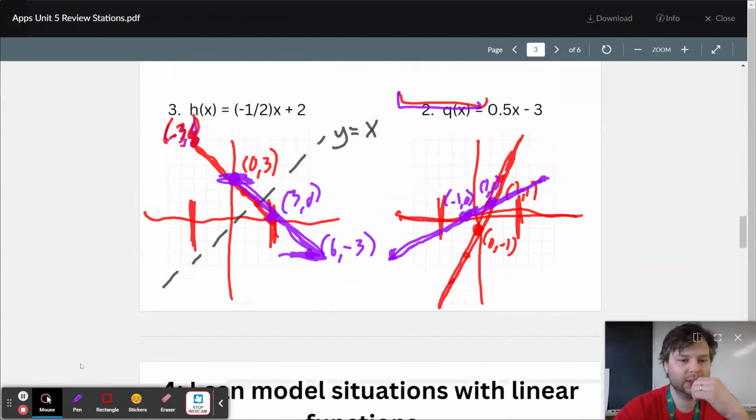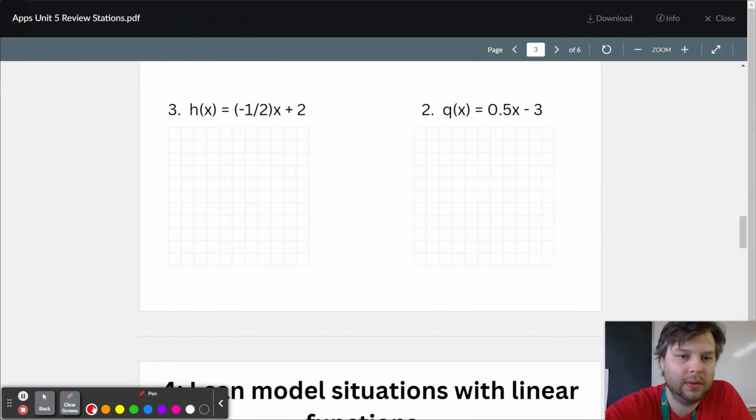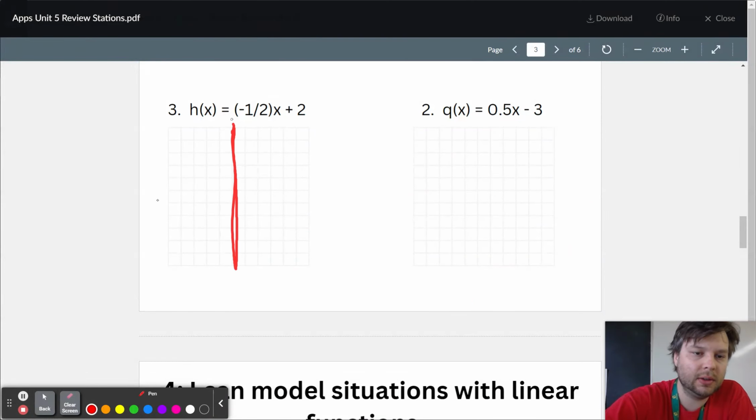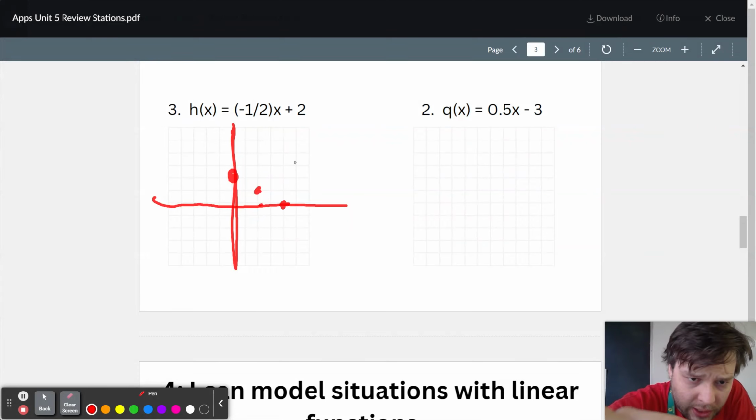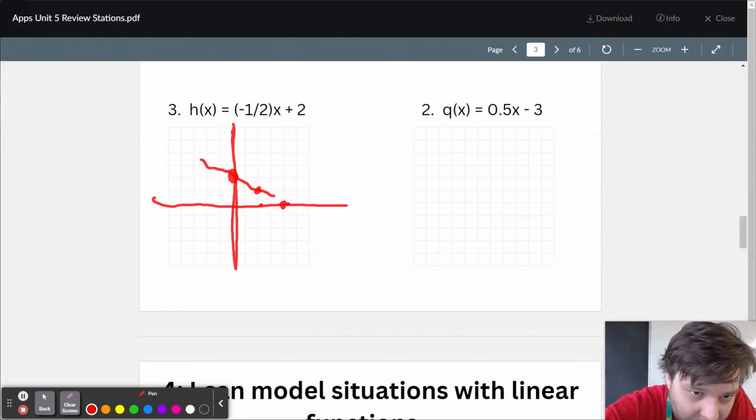Okay, let's do the next one. Similar. We have negative half x plus 2. So there's 2. I go down 1 over 2, down 1 over 2. I guess I went too far. I only want to go to 3. Remember, we're still just going between negative 3 and 3. So that's my endpoints.